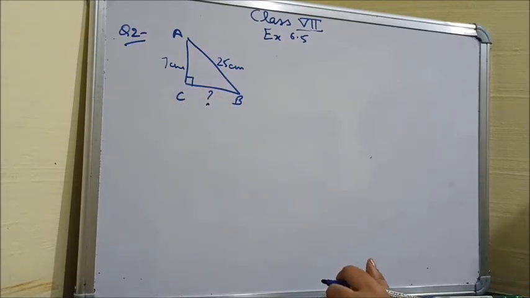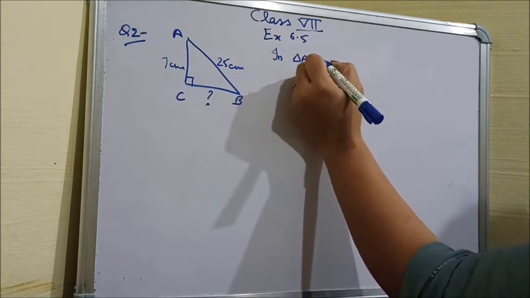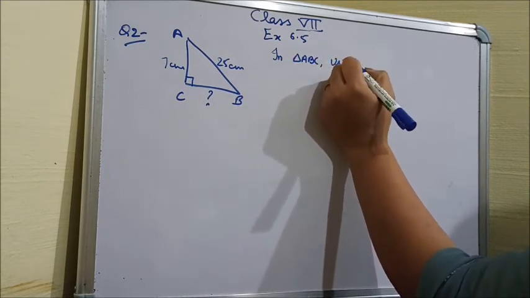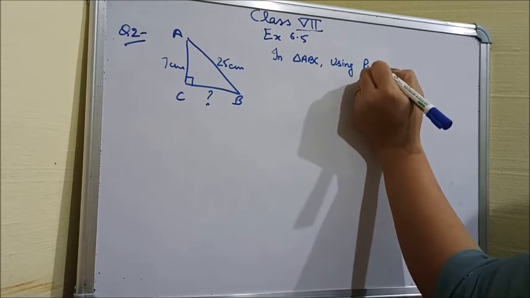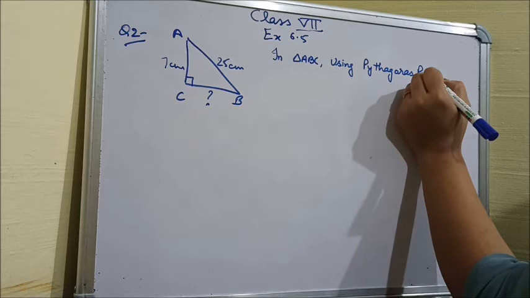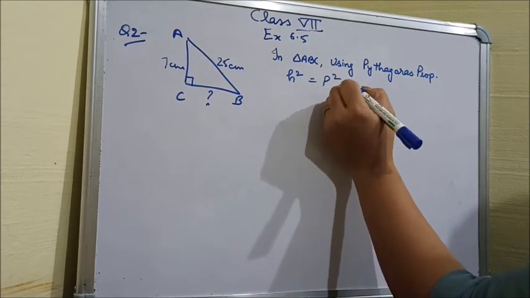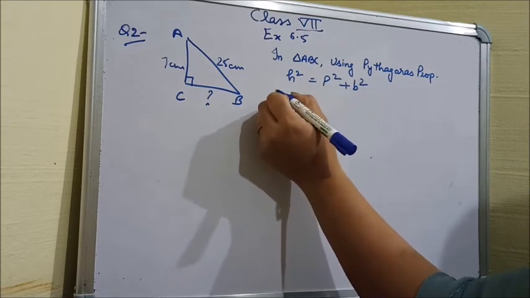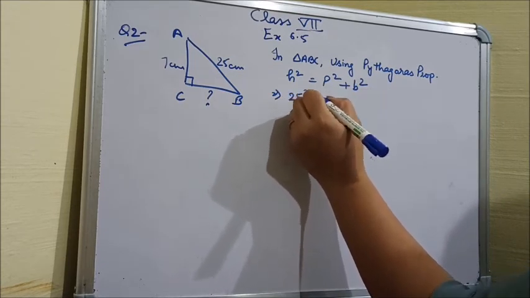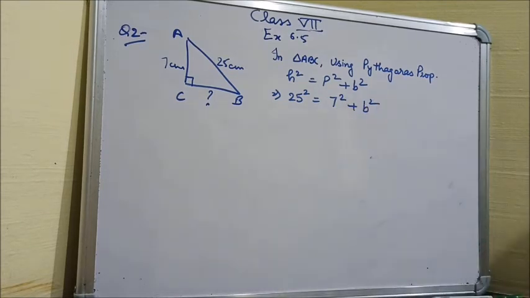So again, by applying Pythagoras theorem in triangle ABC, using Pythagoras property, h square is equal to p square plus b square. H is 25, p is 7, b we have to find out.